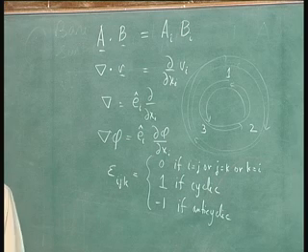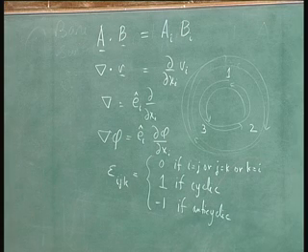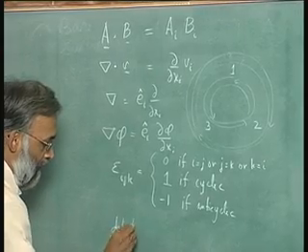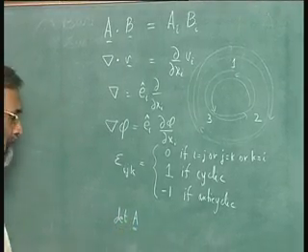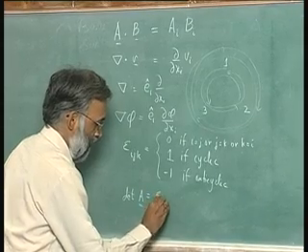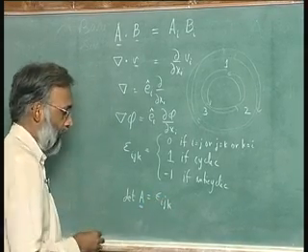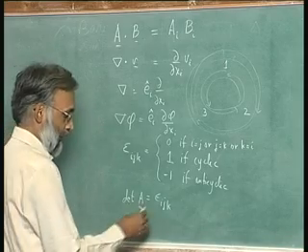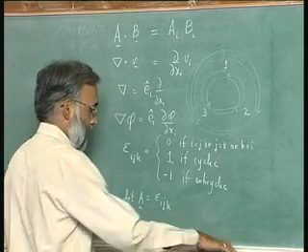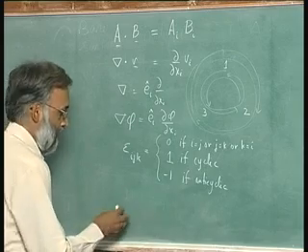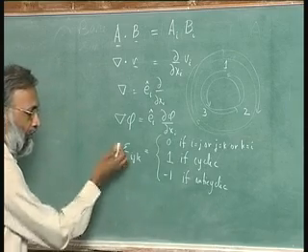And as I showed you last time by just working it out, the determinant of a matrix is nothing but epsilon i j k of the various rows of the matrix. Rather than writing it out generally, which tends to be complicated, I will directly apply this to the curl.